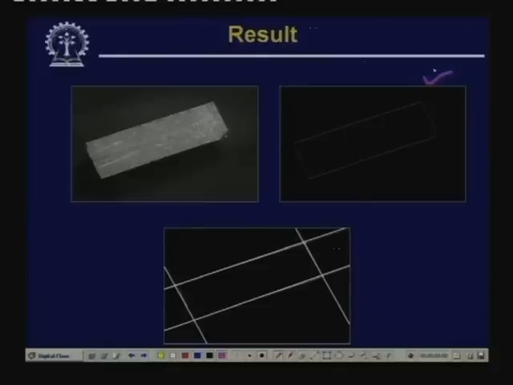And now, if I apply the Hough transformation and try to detect the four most significant straight lines, I find these four straight lines which are most significant, and the boundary which is specified by these four straight lines. So, I can always find out what are these vertex locations, and this is a rectangular region which is actually the boundary of this particular object region.